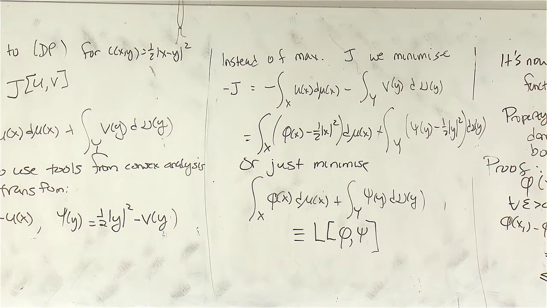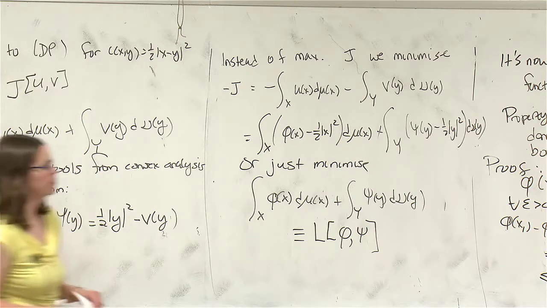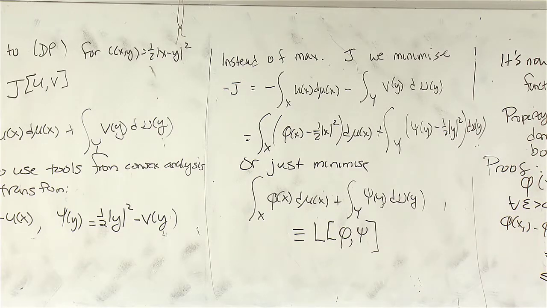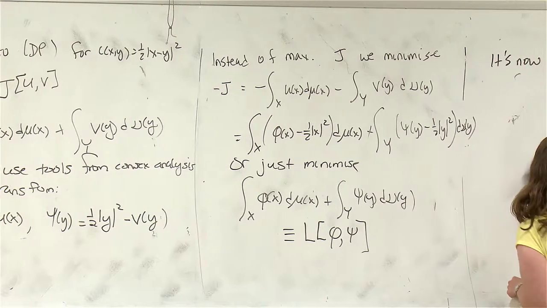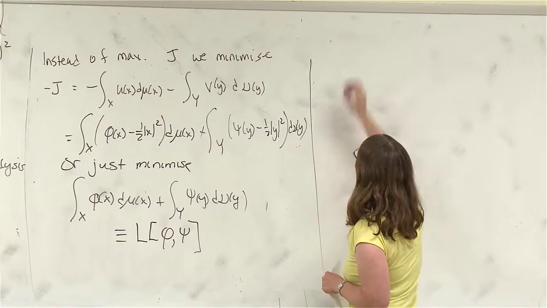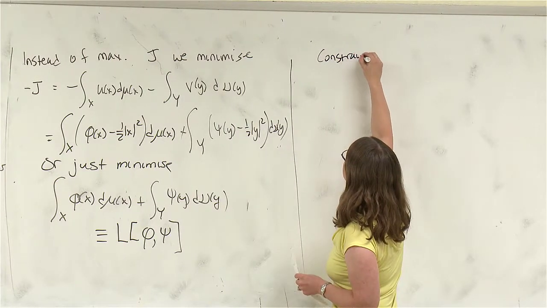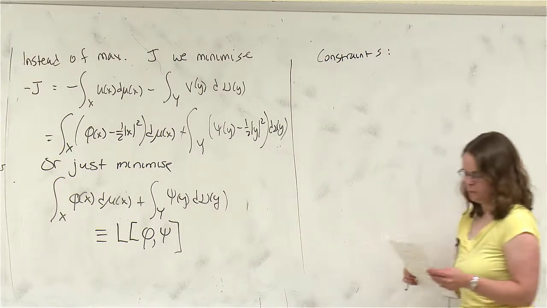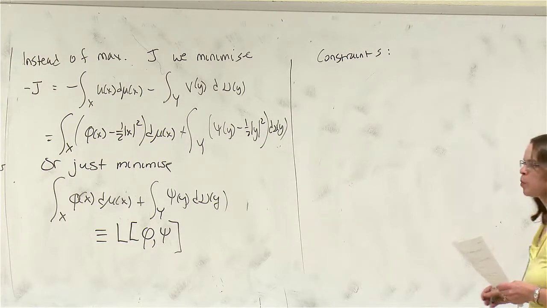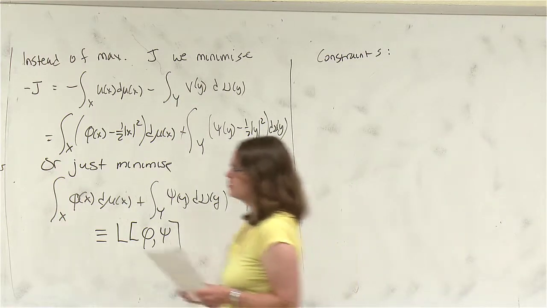Then we also have constraints. The good thing, again, is we're minimizing this, which makes sense when we're trying to do convex analysis. But what are our constraints? Okay, so we had a constraint that said, remember, u plus v was less than or equal to the cost function.